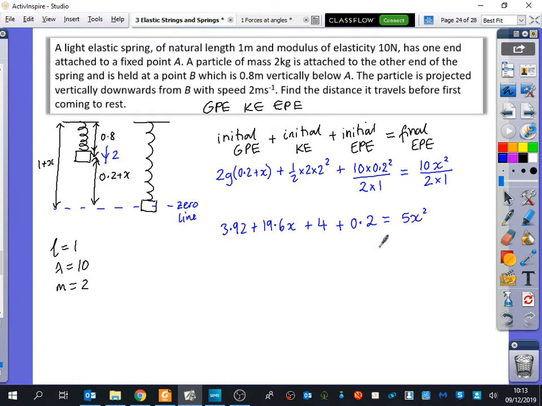Okay? It's another quadratic, so we get 5x squared minus 19.6x, and then we've got 3.92 plus 4 plus 0.2 minus 8.12. So we're going to put that straight into the calculator.